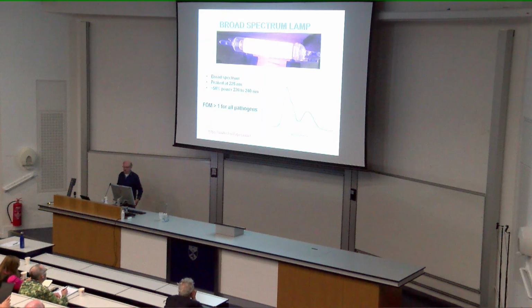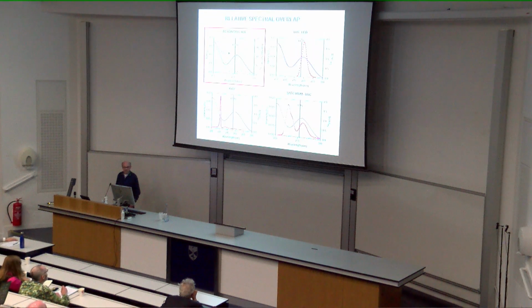By the definition of figure of merit, it's the order of one or a little bit greater for all pathogens because it's covering so much of the wavelength scale. And for those who are concerned about above 240, where there's a big change in the absorption curve of matter, about half the power of this lamp is in the range below 240 nanometers.